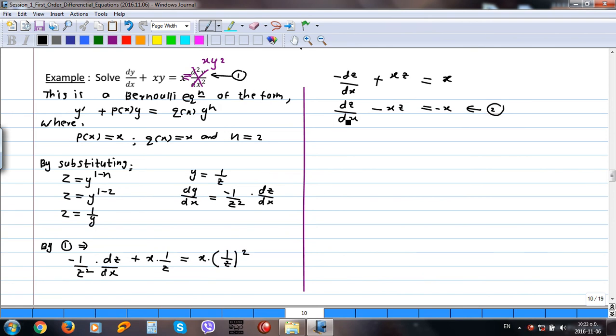Then look at this one, dz over dx, that is z dash, plus p of x times z equals q of x.